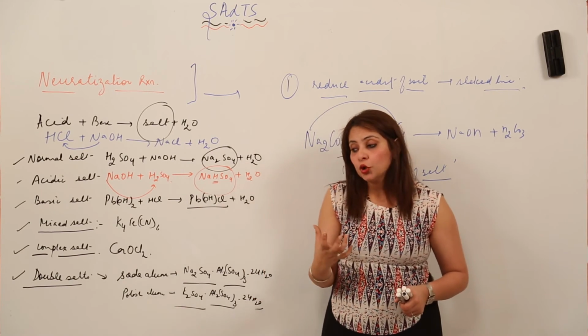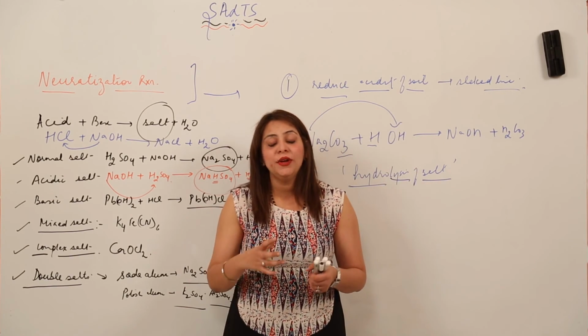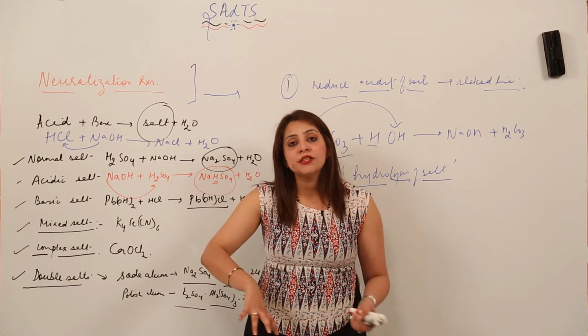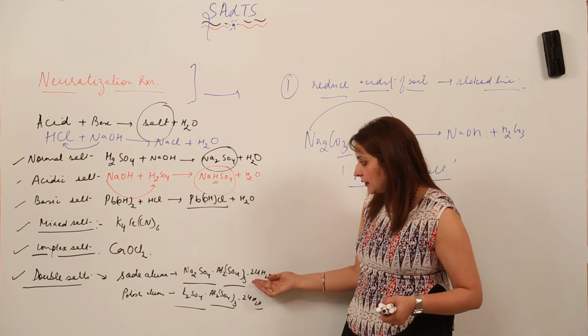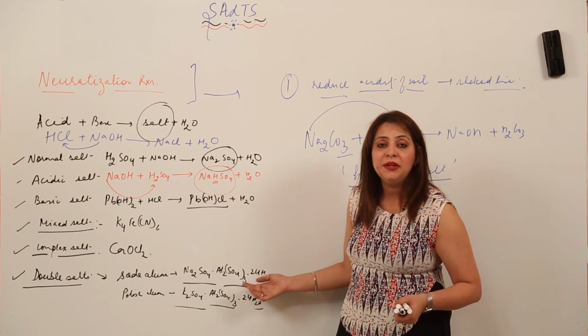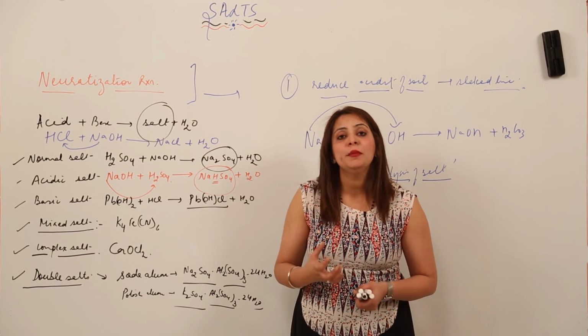And some salts have the property that when they are exposed to air, they lose their water of crystallization. Like a few salts, as you saw in this case, there was 24 H2O. That means they have chemically combined water.